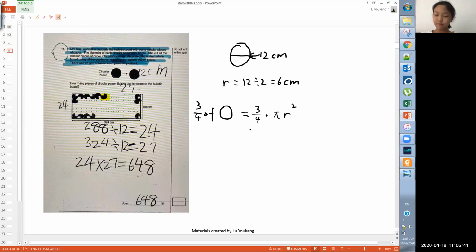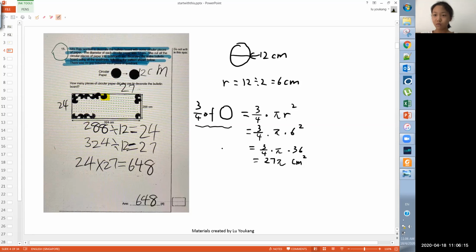Yes. So therefore, 3/4 times pi times 6 squared. So what you have is 3/4 times pi times 36. So your answer is 36 times 3 divided by 4. Okay, so 27 pi. Okay, 27 pi cm squared. So this is for one 3/4 circle.